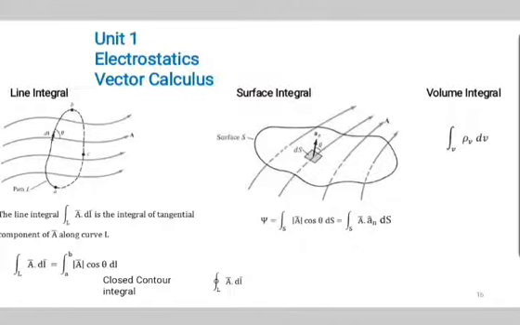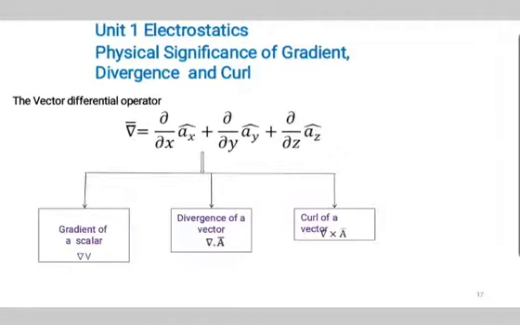The equation for the line integral is given here. It is the integral of the tangential component of A bar along the curve L. Then the closed contour integral. The equations for the surface integral and volume integral are also given here.